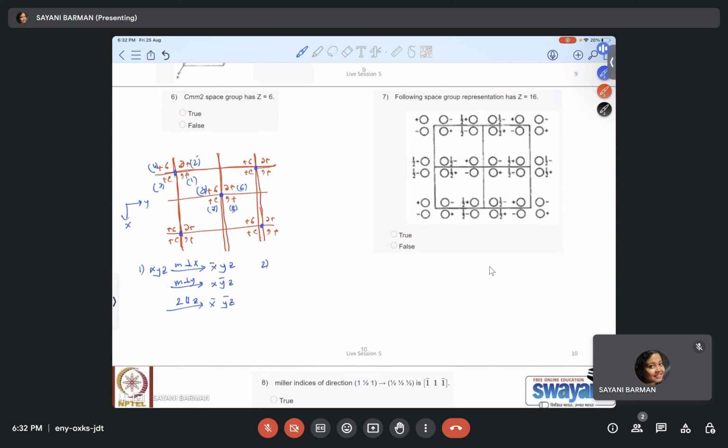Now the second one is, we have to erase this. Second one is for C centering.